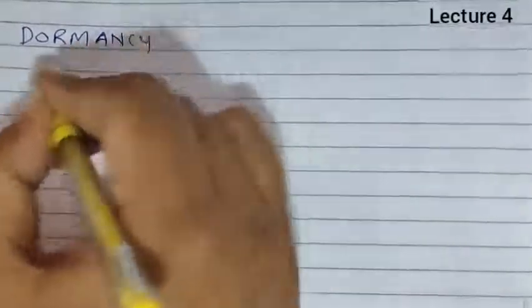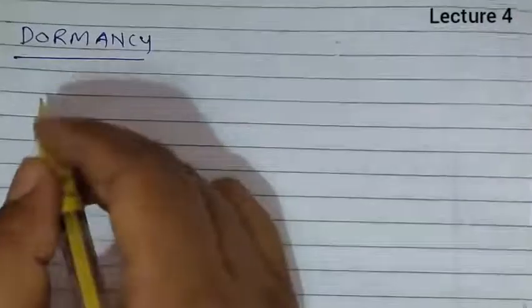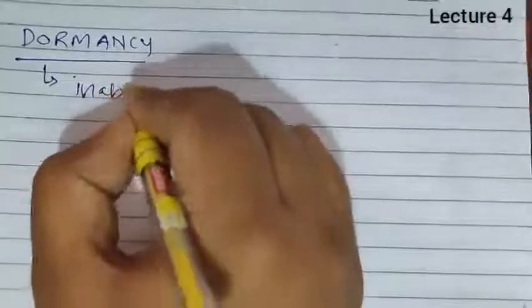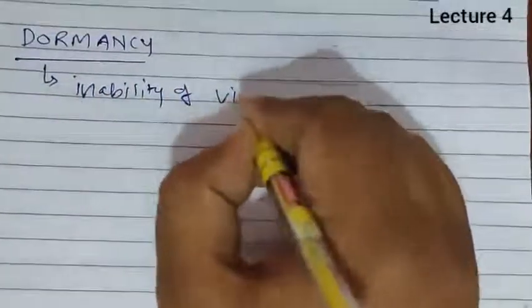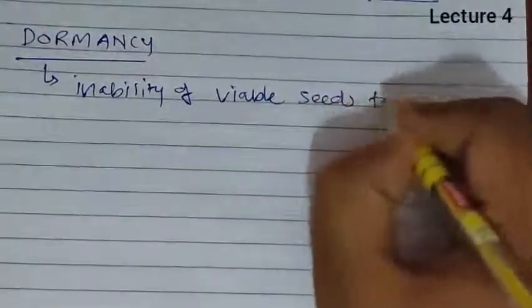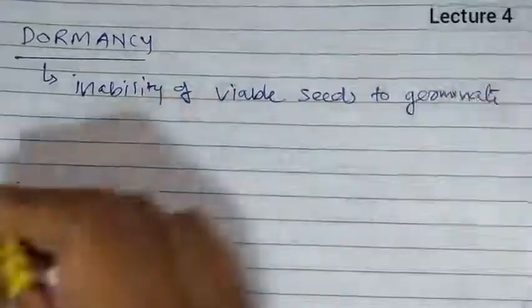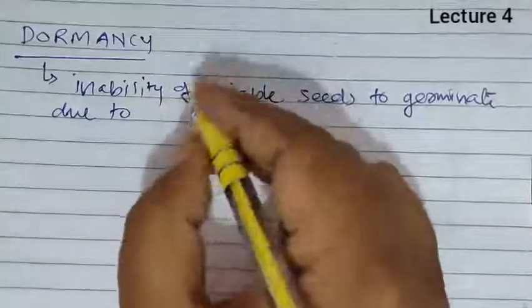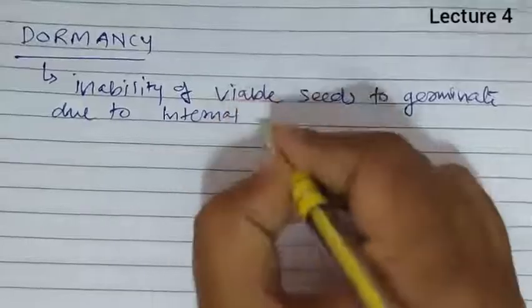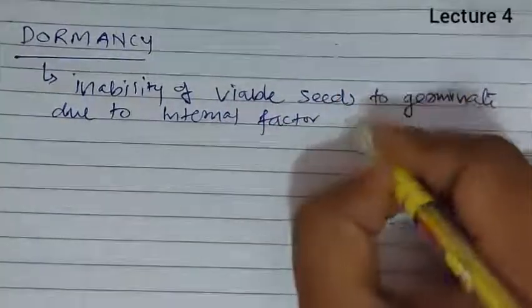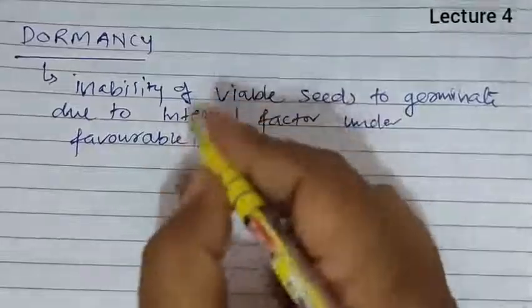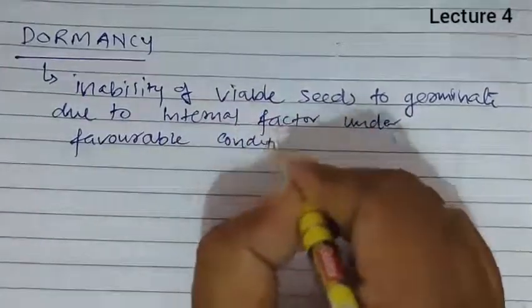Dormancy is defined as the inability of viable seeds to germinate due to internal factors under favorable conditions.